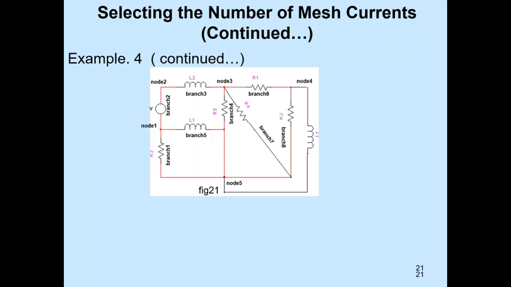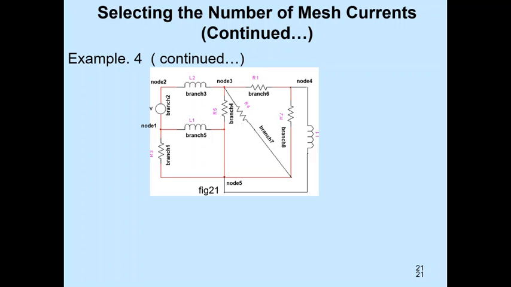Then node 3. And branch 5 and branch 4 and L1, that is branch 9, are connected, that is node 5.